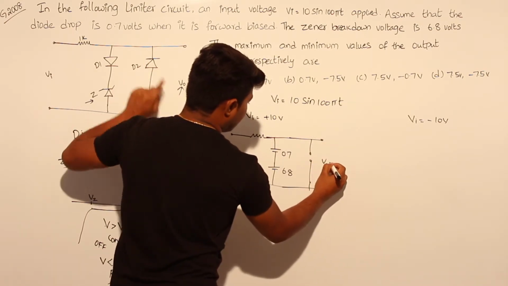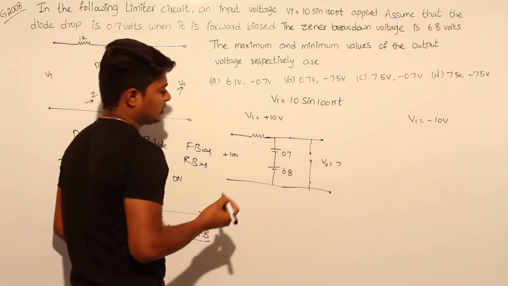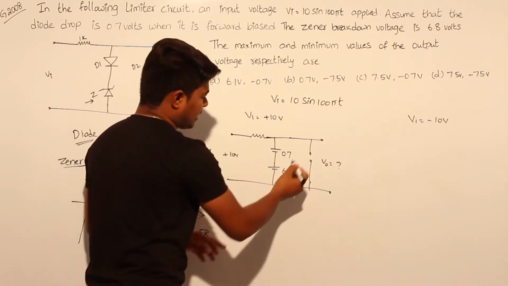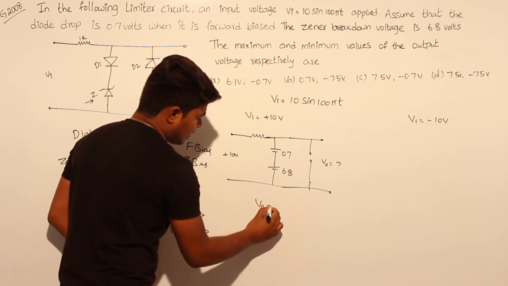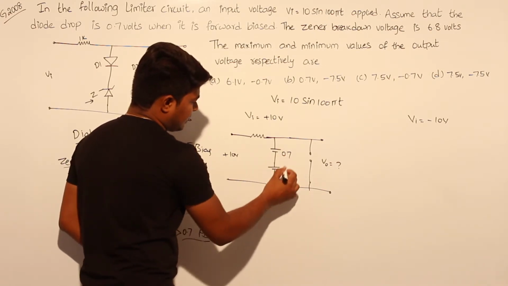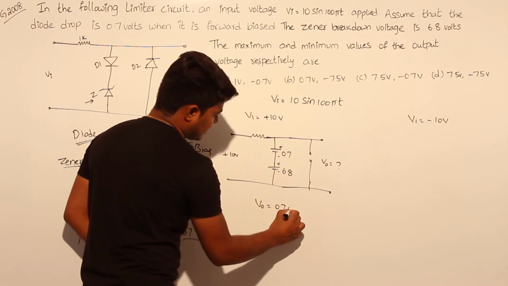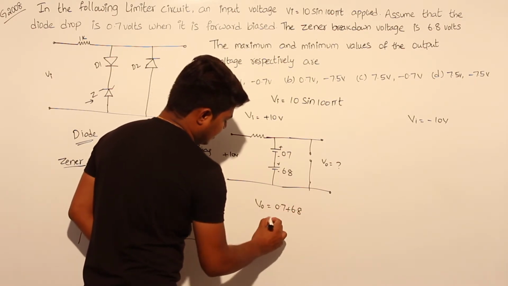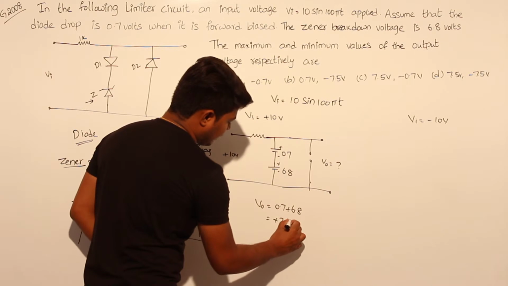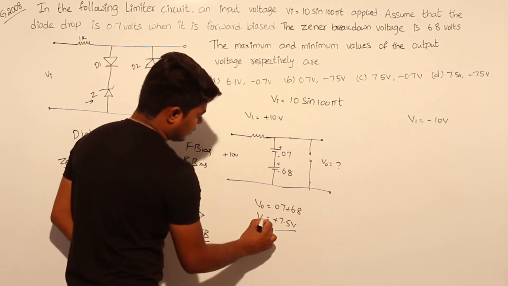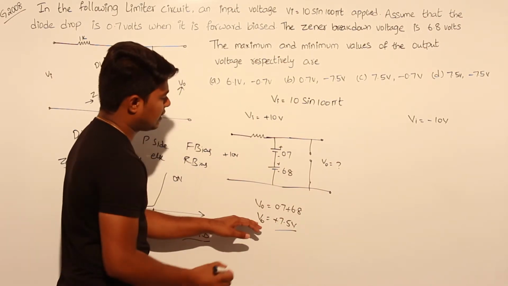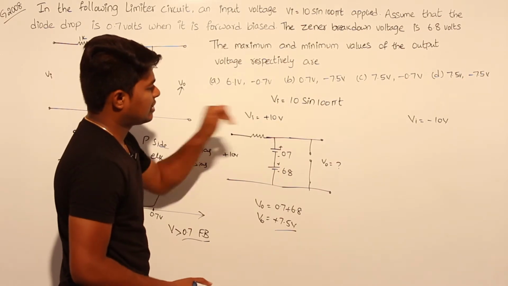Now we need to calculate V0. We can calculate V0 by simply adding these two: 0.7 plus 6.8 equals plus 7.5 volts. V0 is equal to plus 7.5 volts whenever we apply Vi equal to plus 10 volts.